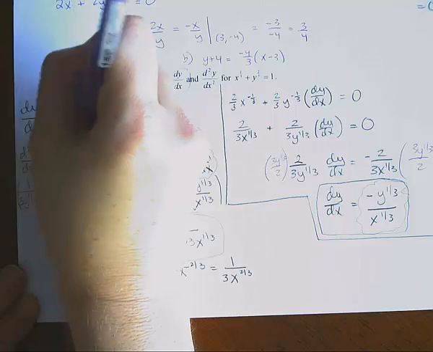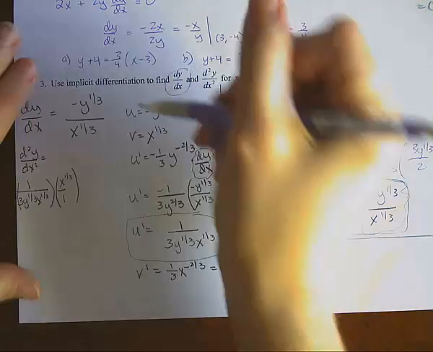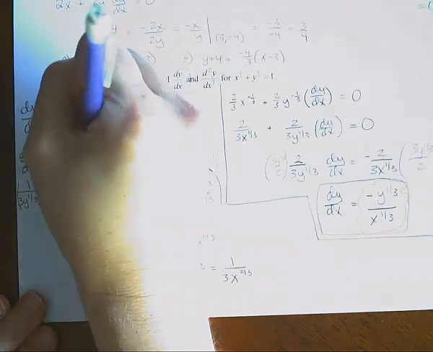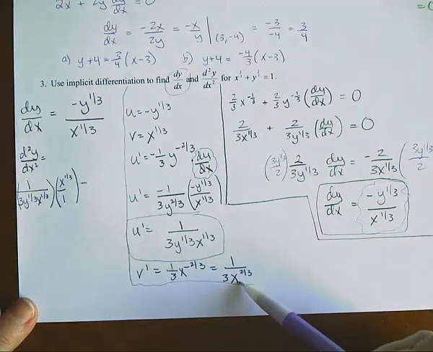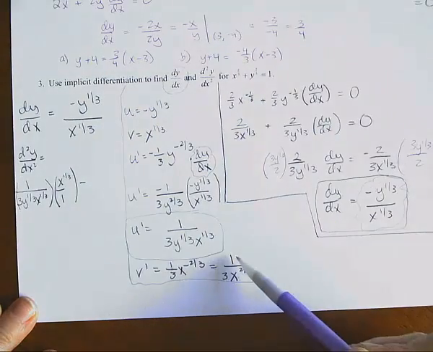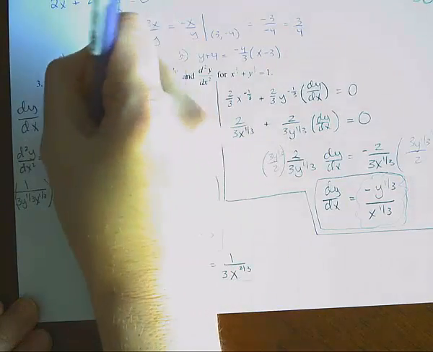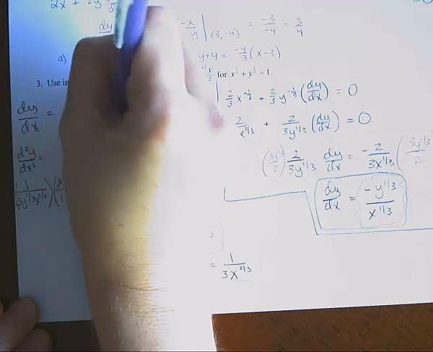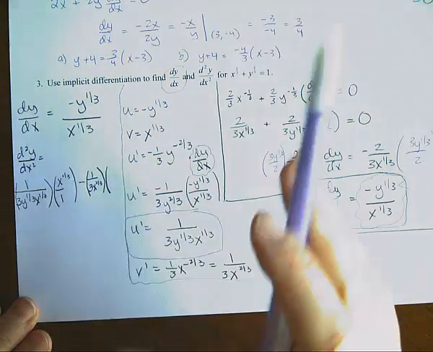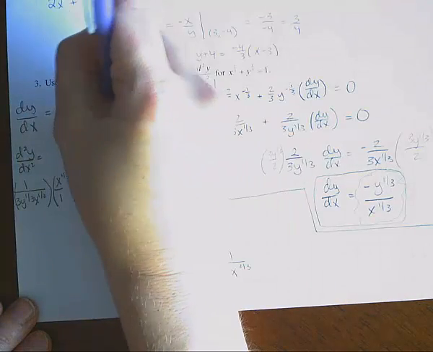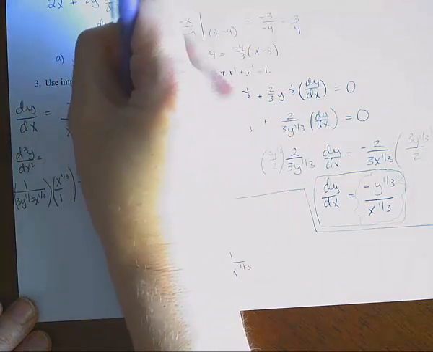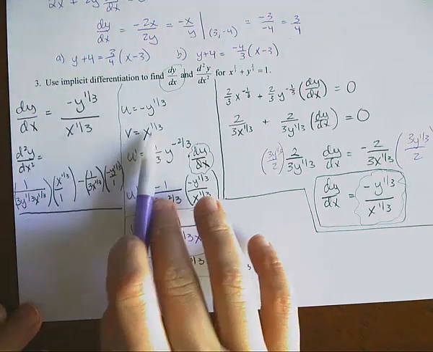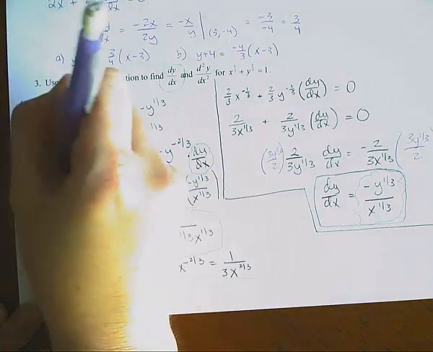And we'll just put that over 1 just to keep clear what's on the top versus what's on the bottom. Minus v prime u. So v prime is 1 over 3x to the 2/3 times u, which is negative y to the 1/3 over 1. All of that is being divided by v squared. So that's x to the 1/3 squared.